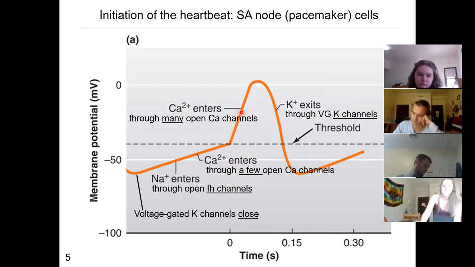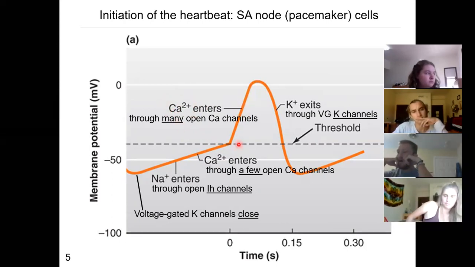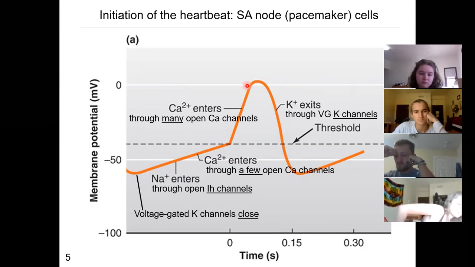More depolarization, more channels open, more calcium entry, more depolarization. So we go from a slow dribble influx to a rapid calcium influx. It's the same story as the nerve action potential. It's just that it's calcium doing the depolarization instead of sodium.